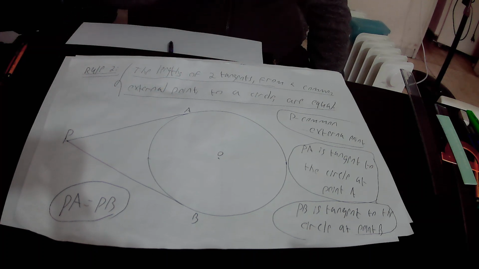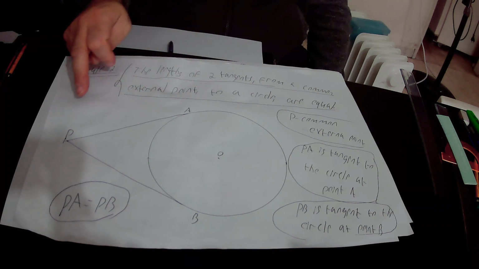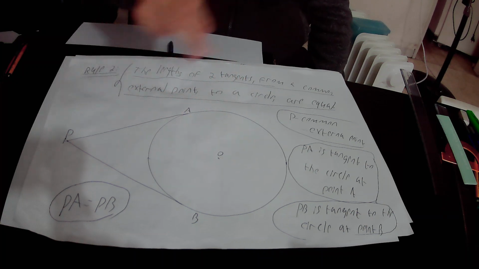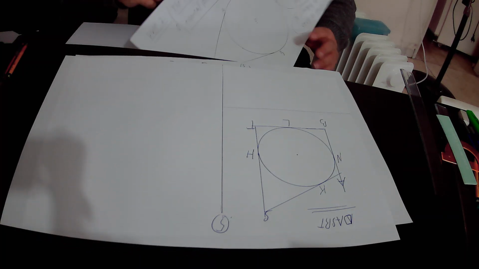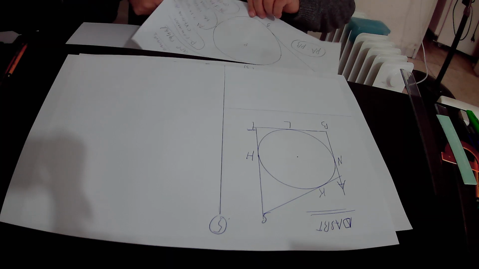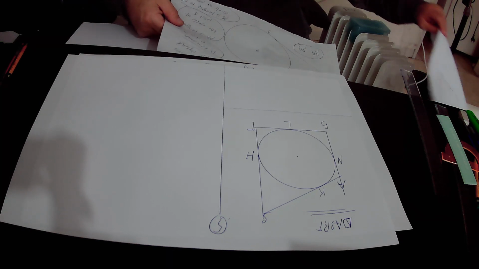And according to this rule 2, they are equal to each other. That is to say, the length of tangent PA equals the length of tangent PB, or PA equals PB. So we can actually implement this rule 2 in our drawing.